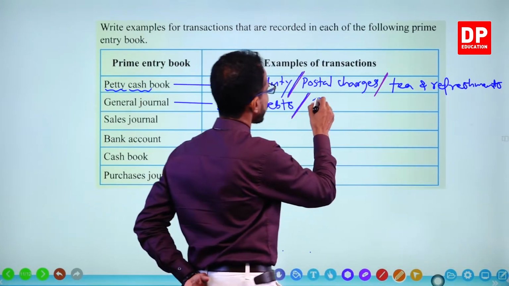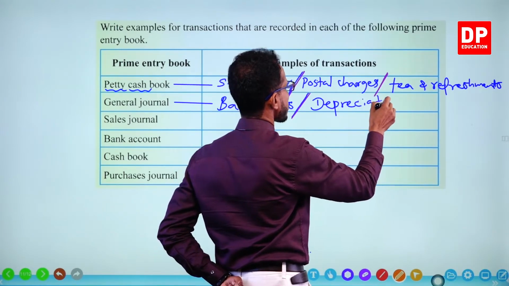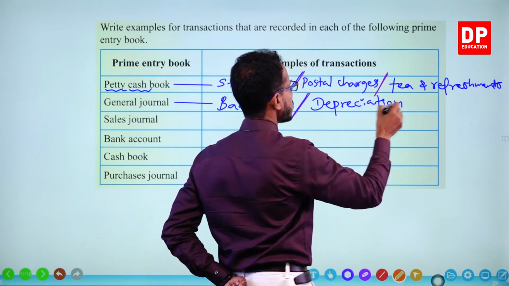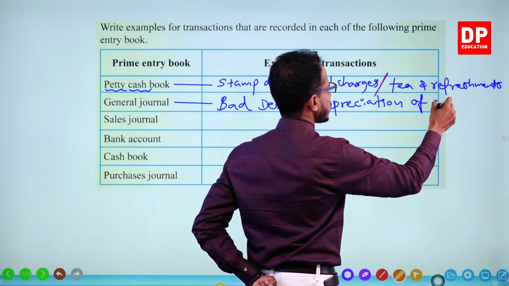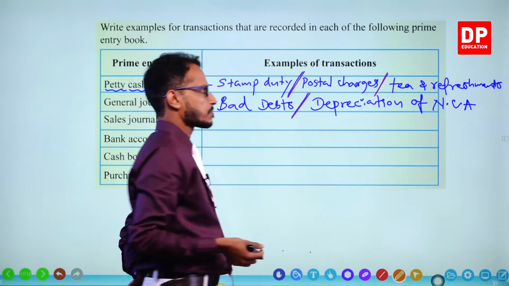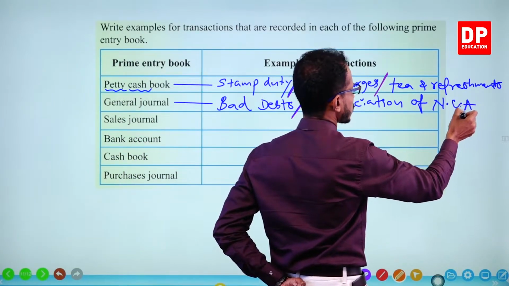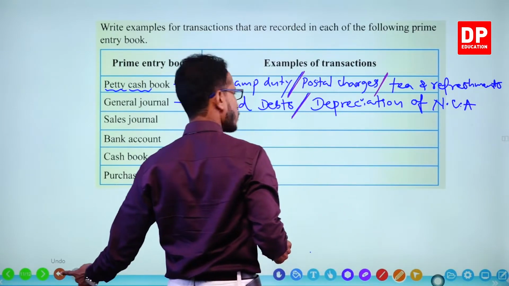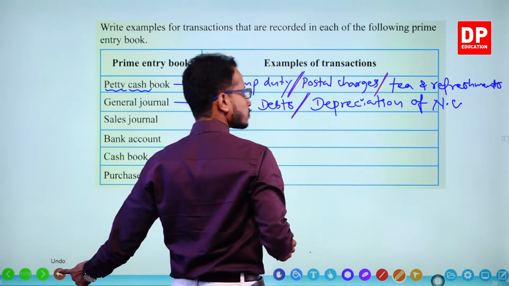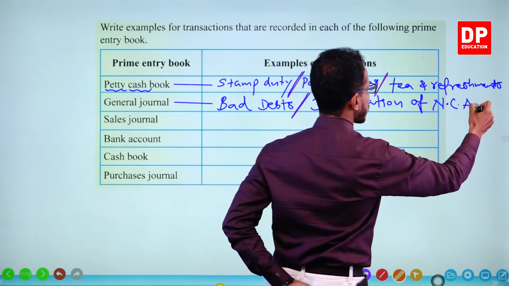Depreciation of non-current assets. NCA means non-current assets.